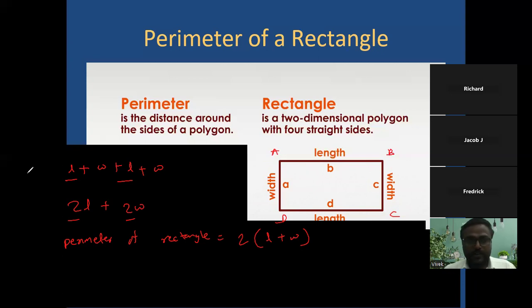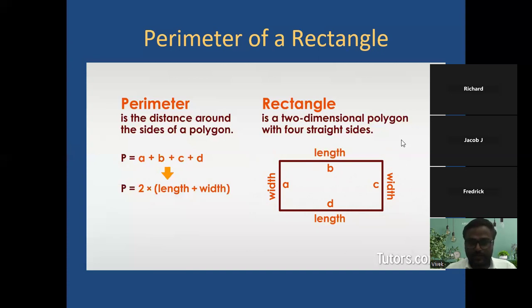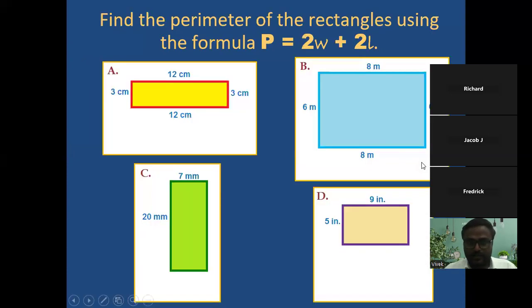If you have written it down, let's move on to the next topic. We need to find the answers to these questions. So I am going to solve question A and question D for you.